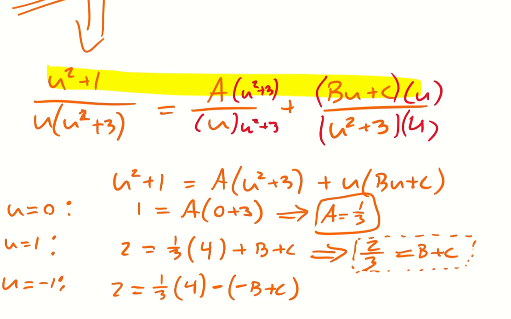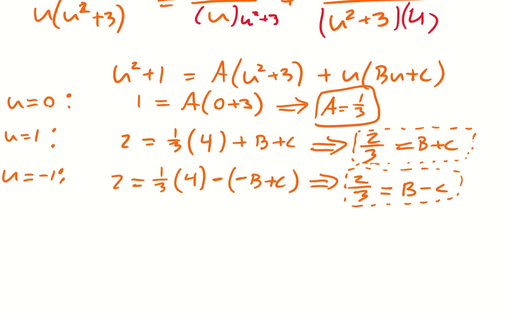Because B is times minus 1. And so, let's see, we have 2 over 3 is equal to B, in this case, minus C, so it is a different equation. So we have this 2 by 2 system. We have 2 over 3 is equal to B plus C, and 2 over 3 is equal to B minus C.